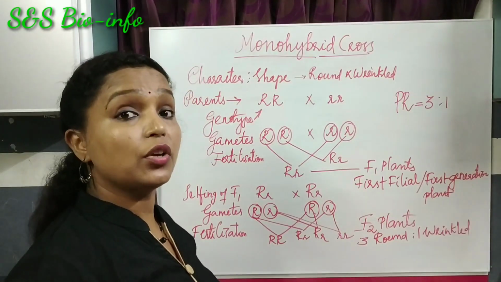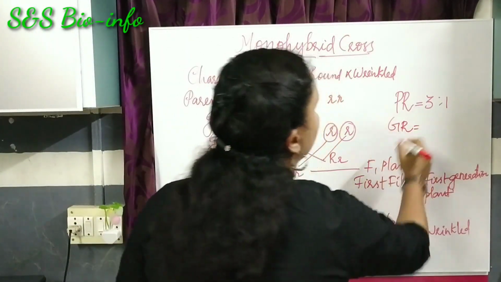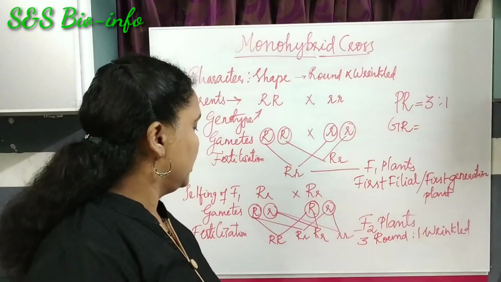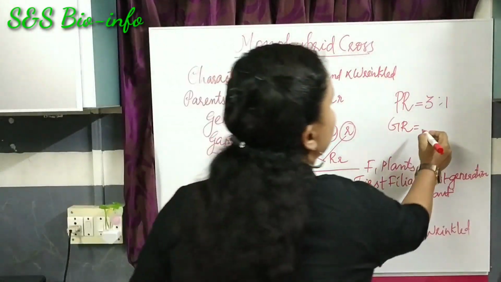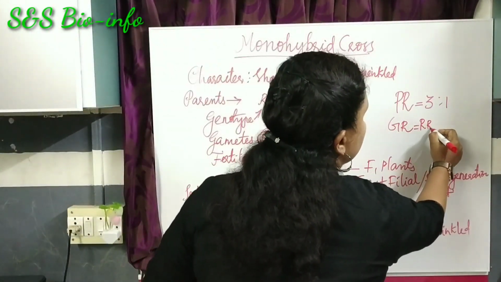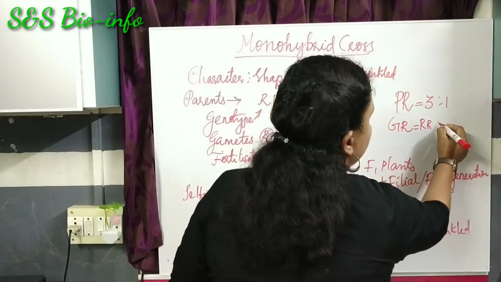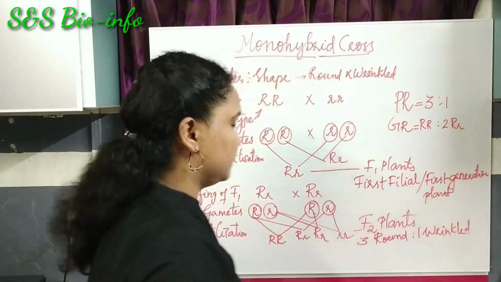The next one, genotypic ratio, GR. Genotype is the genetic constitution of the trait. Here you can see one homozygous dominant allele, only one. Second and third are heterozygous, 2 heterozygous dominant alleles.